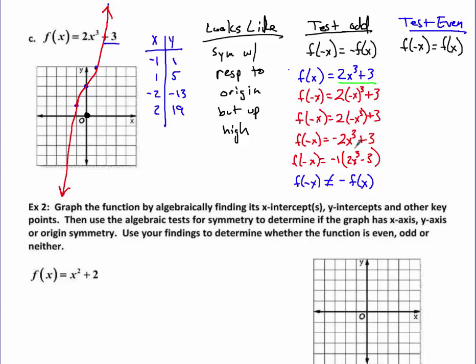Well, it kind of does right there, but it has a minus in front. And when I took the negative out, it jacked it all up. So that's not going to work. So f of negative x is not going to be equal to f of x. I don't really need to test it. So this f of x is neither odd nor even.